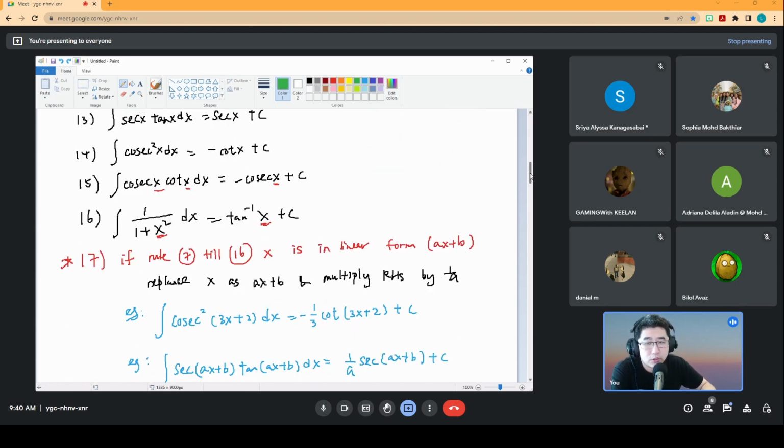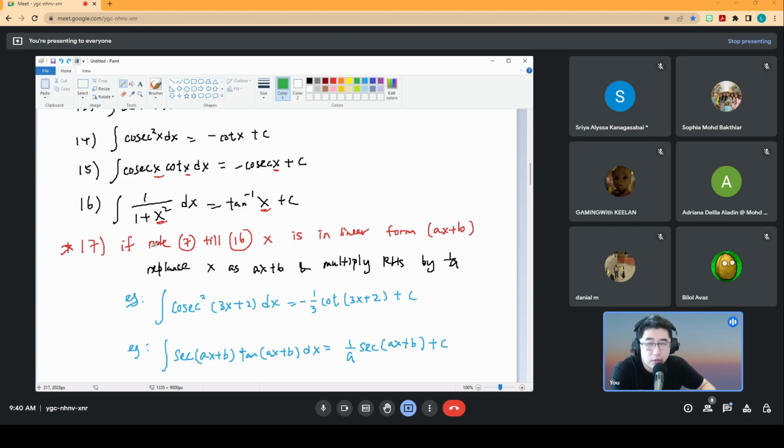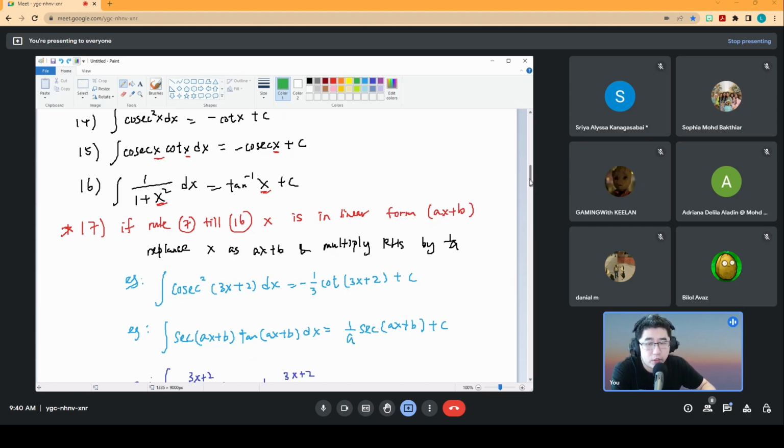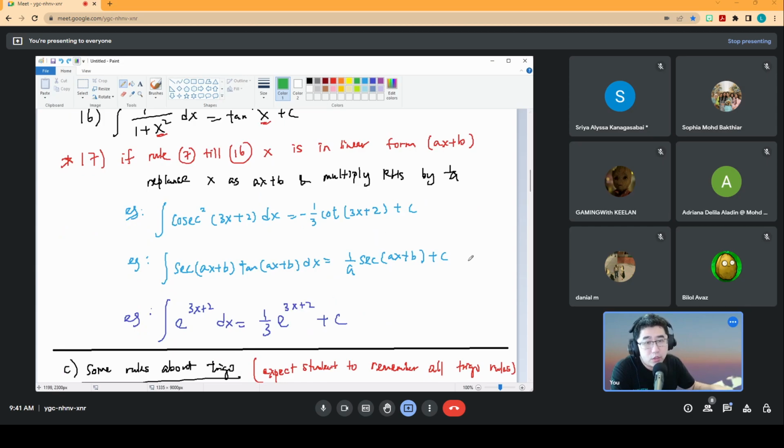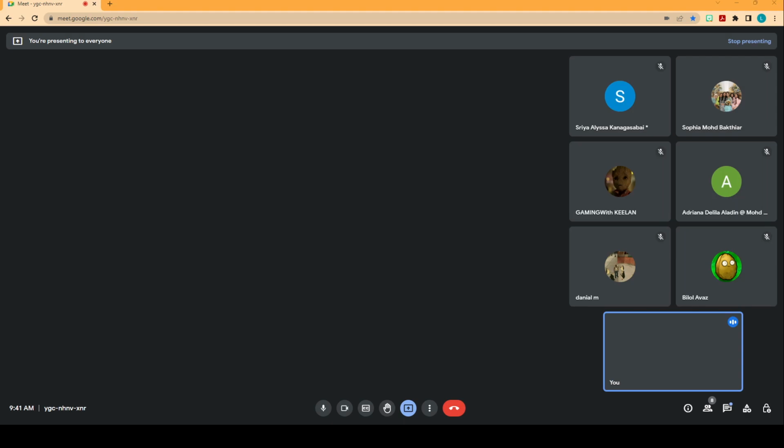What is important is rule 17. So rule 17, if you are able to do this in the linear form. I already showed you some examples over here for the linear form. Therefore, I think the best is to let you do the questions. Okay, wait for me.